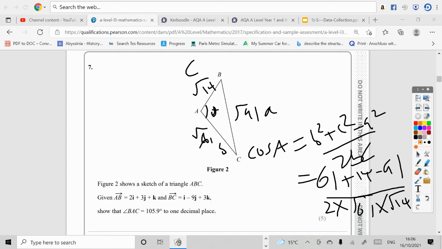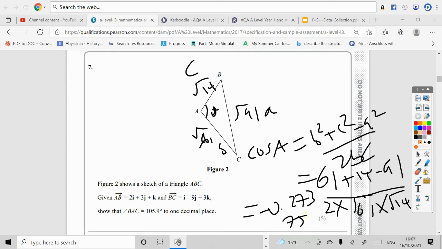So we get 61 plus 14 minus 91, all over 2 times the square root of b times c, which is 61 multiplied by root 14, and you get the minus 0.27375, and it keeps going on and on, 543643.